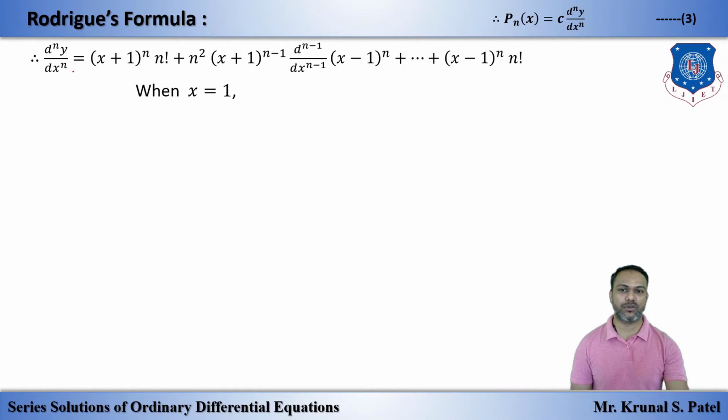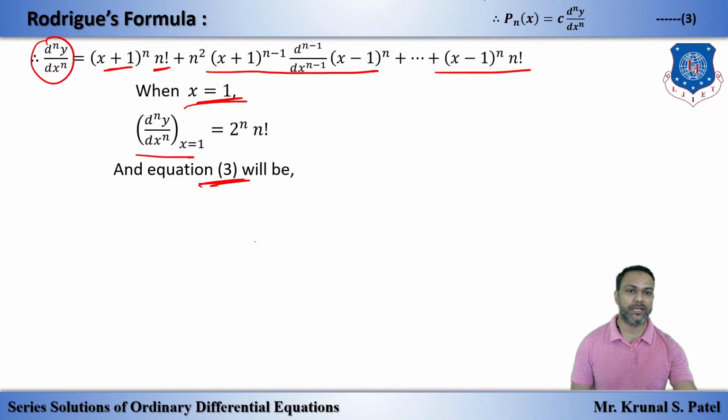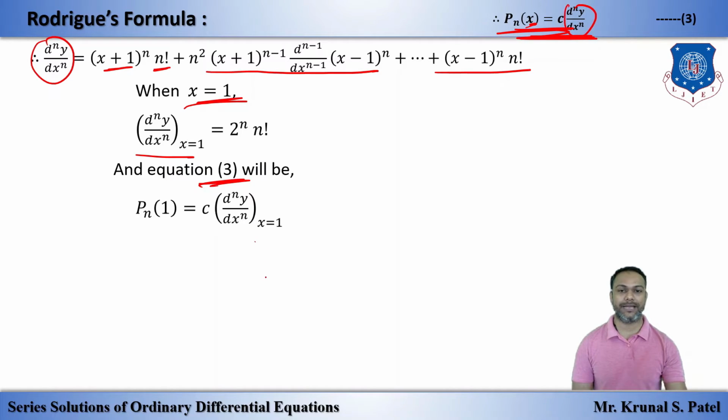If you put x is equal to 1, this becomes, at x is equal to 1, 2 raised to n into n factorial, because if we put x is equal to 1 here, each and every other term becomes 0. Okay, so we have this, and we'll put x equal to 1 in equation 3 also. So equation 3 was this one. So Pn of 1 times C, and this term's value at x is equal to 1.